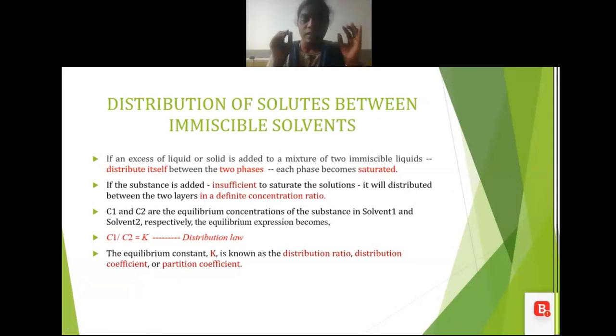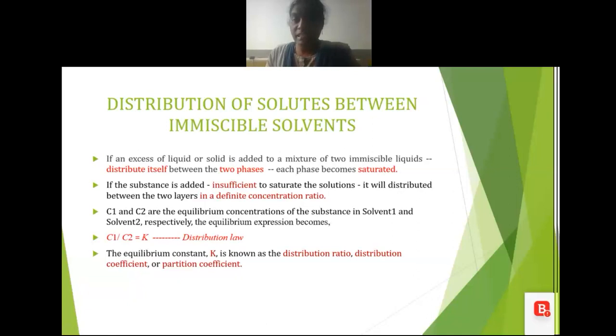If this ratio C1 by C2 is equal to K, we give this as K. If the K value is more than 1, it indicates what? C1, the numerator value, is more.